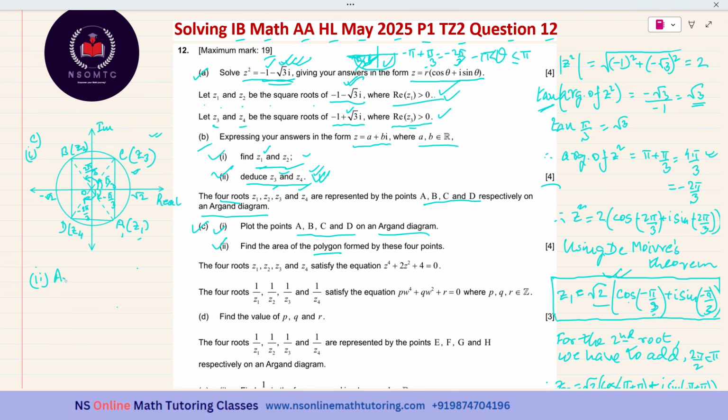So, part II, area of triangle OAC. And I'll be using the trigonometric formula for area of a triangle. The radius is root 2. So this will be equal to half times root 2 times root 2 times sine of, what is the included angle?